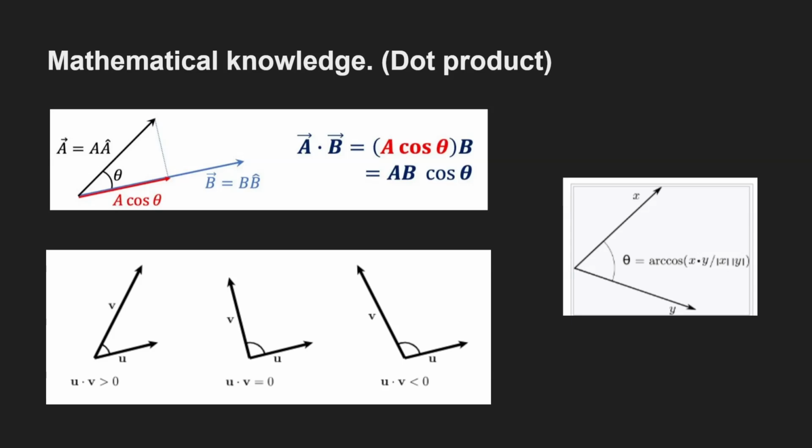You can see vector A is A magnitude multiplied by A direction, and vector B is B magnitude multiplied by B direction. So A dot product B is A magnitude times B magnitude times cosine theta. This theta is the angle between vector A and vector B. The dot product returns a scalar value.